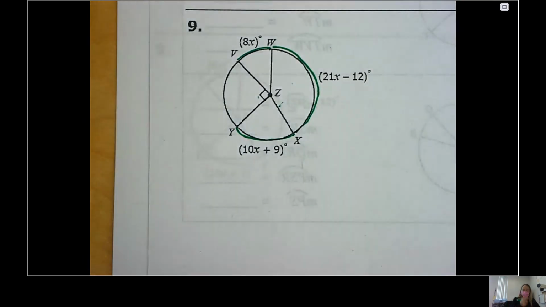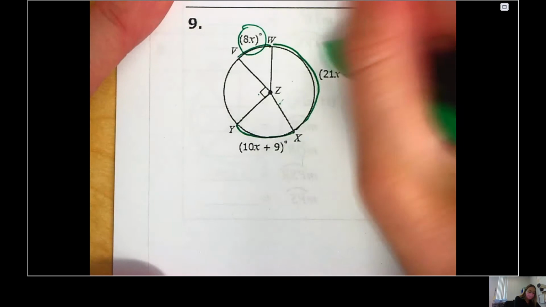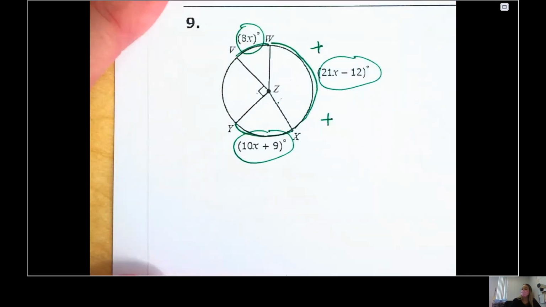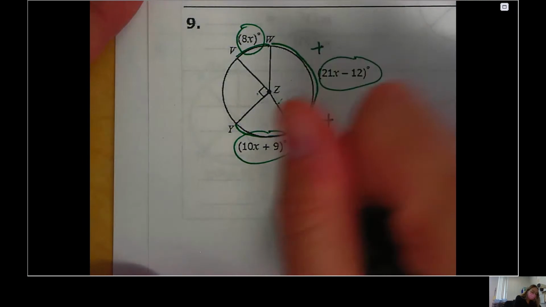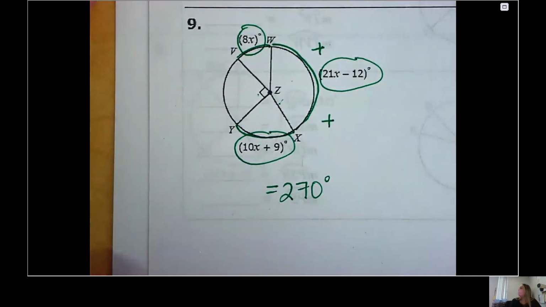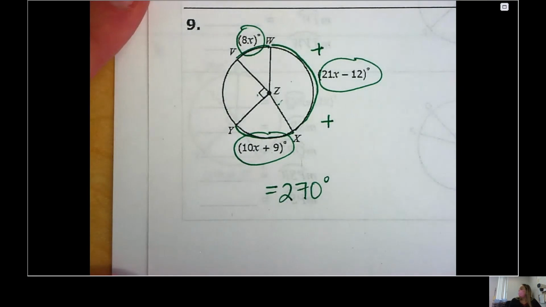So I'm going to set up my equation to say this plus this plus this is equal to 270. Right, that one was kind of a trick one.